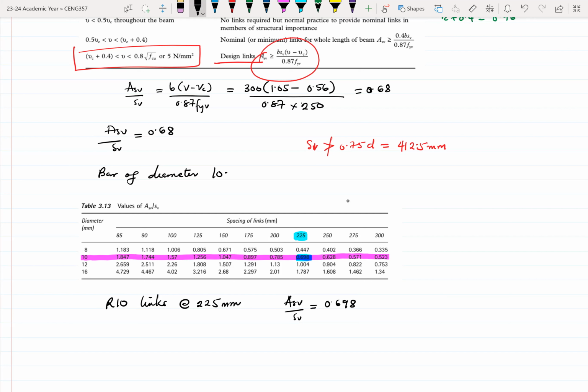So once we have that in place, the R10 doesn't go the entire length of the beam.